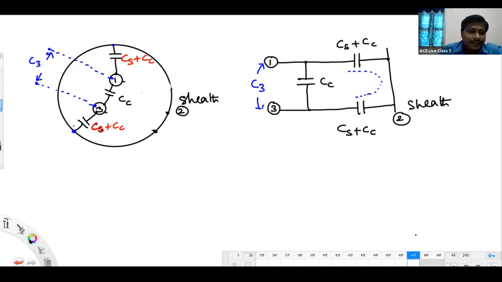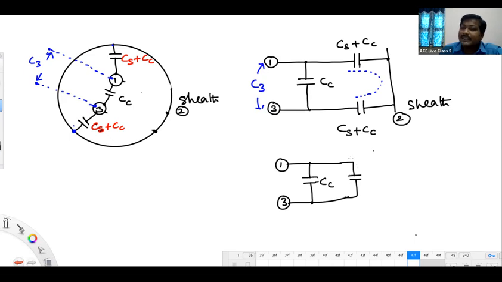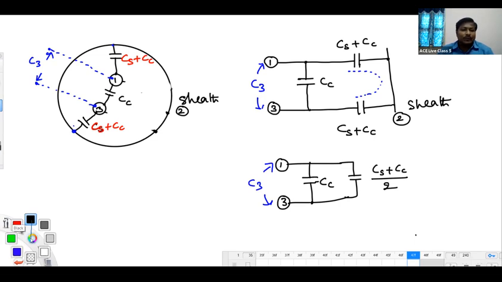So if you redraw this equivalent model, this is core 1, core 3, you can see. 1, 2, 3, we have CC. And this series combination of CS plus CC and CS plus CC will come like CS plus CC by 2. You have to find out the effective capacitance between 1 and 3. C3 is a parallel combination of these two again.